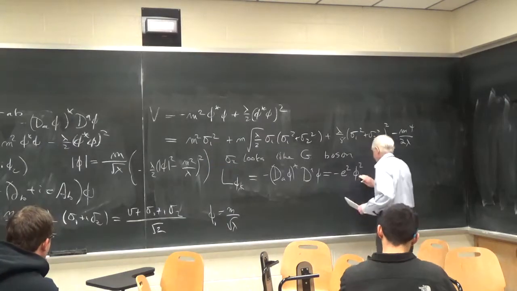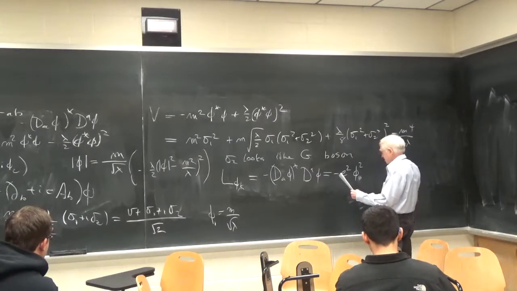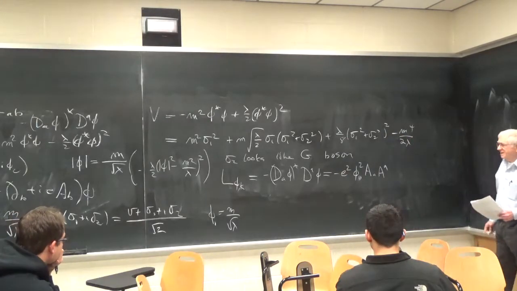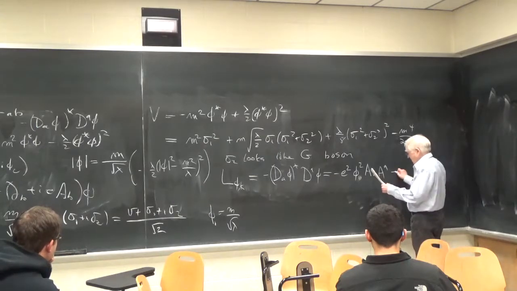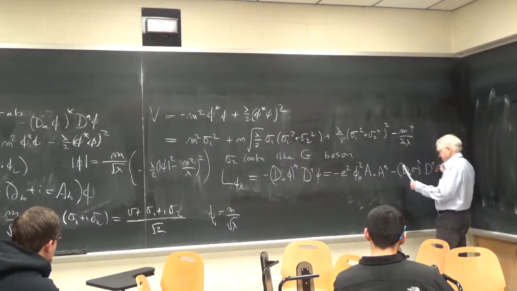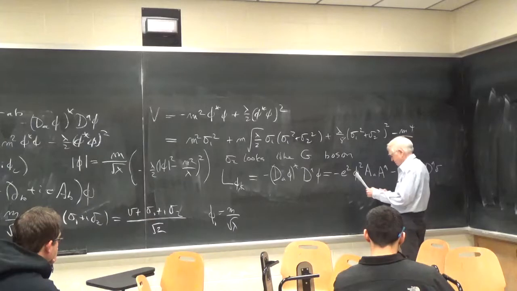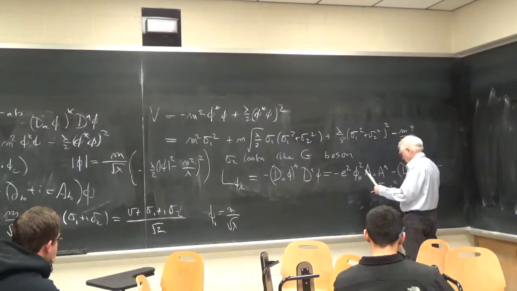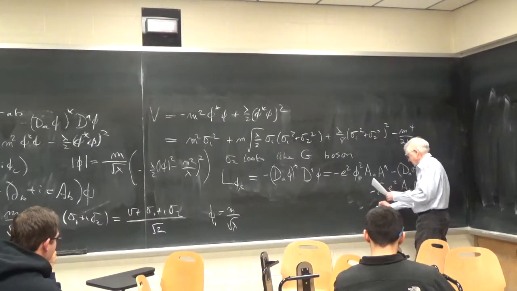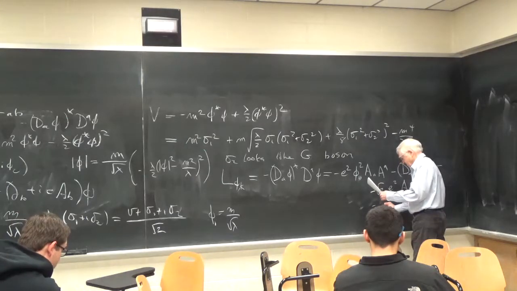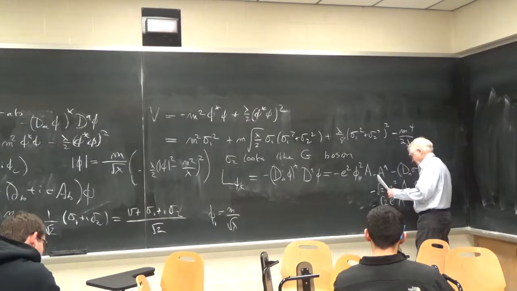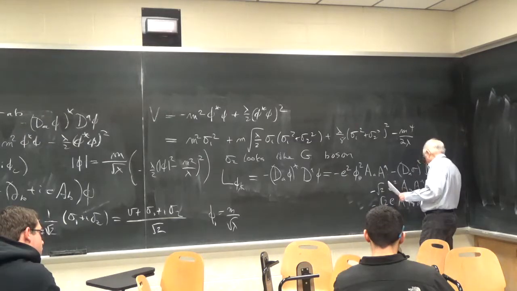So this is e squared phi 0 squared A A. So the electromagnetic field gets a mass in this theory, and then we have minus D_A sigma star D_A sigma, and then some other terms, minus root 2 e squared A A phi 0 sigma 1 and minus square root of 2 e A A phi 0 D_A sigma 2.